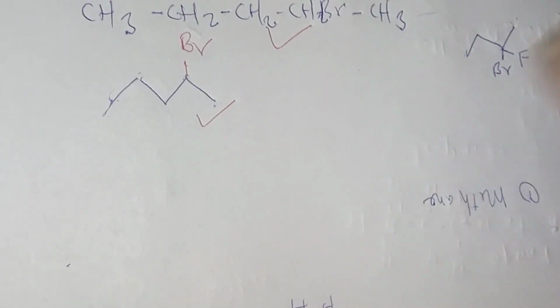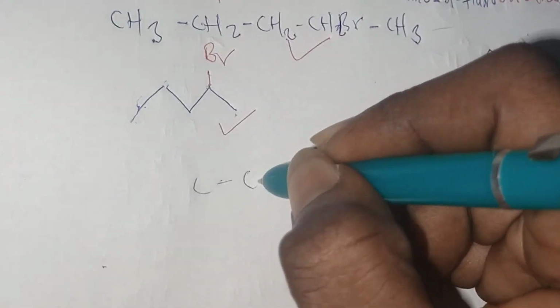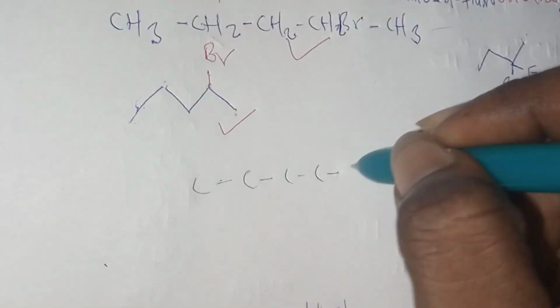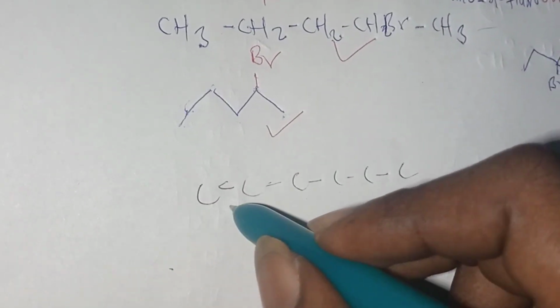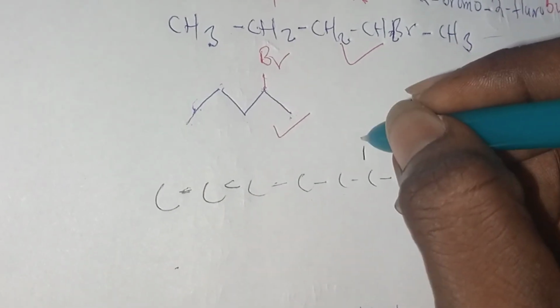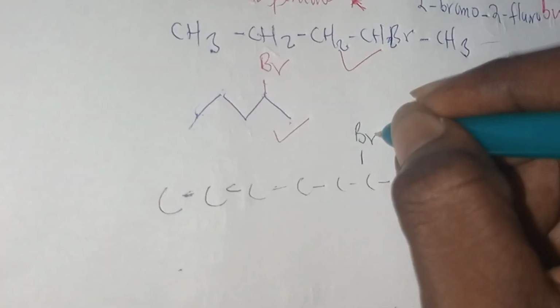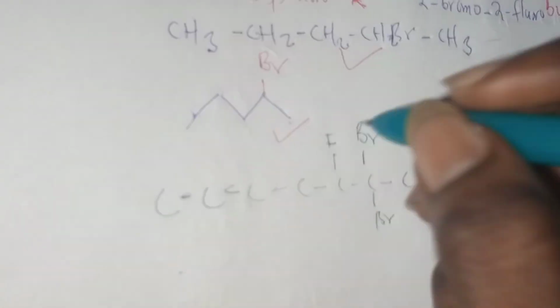Okay, so let's assume we are given a compound. For the sake of practice, let's say we have 1, 2, 3, 4, 5, 6. Let me add one carbon over here, 7. Then let's say we have our bromine here, another bromine here, and a fluorine here.